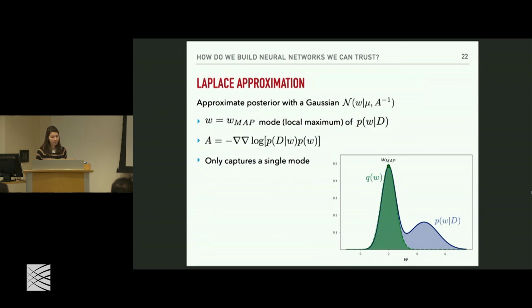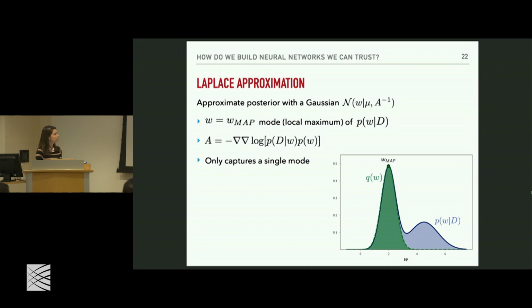In Laplace approximation, our posterior distribution is some really complicated distribution. It's probably multimodal, and it may not belong to any of the standard families. So in the Laplace approximation, we want to approximate one of the modes of the posterior with a Gaussian distribution.